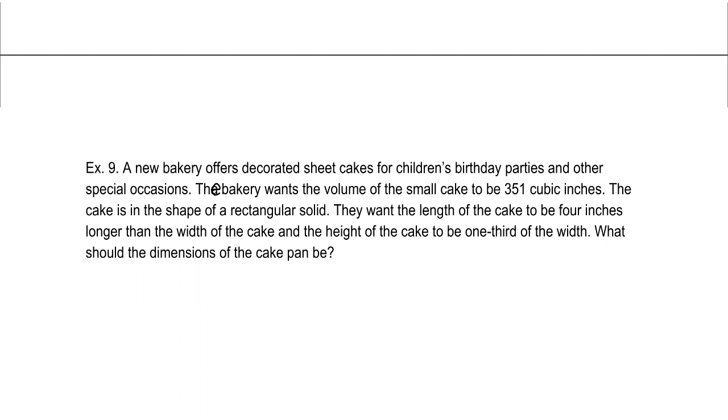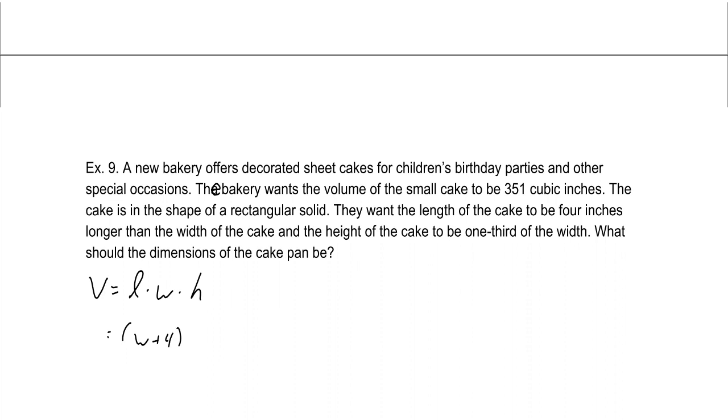Alright, so we know that our width is W, and we want to write out our volume. This is a rectangular solid. The length they want to be 4 inches longer than the width, so W plus 4.